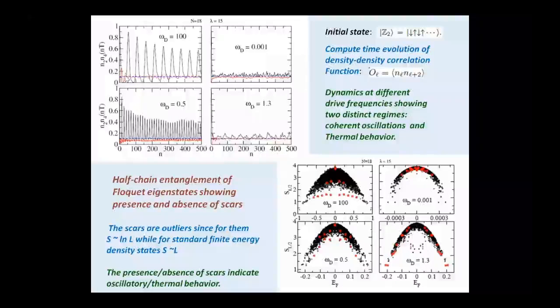For the Rydberg vacuum state, I see this ETH-like behavior. It goes to a steady state and remains there, but there is this long time oscillation for the Z2 state. This is the same as what Abanin and others saw. The high frequency limit is roughly like the quench limit.